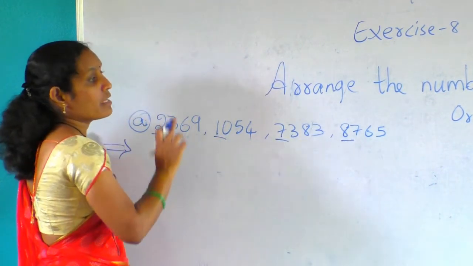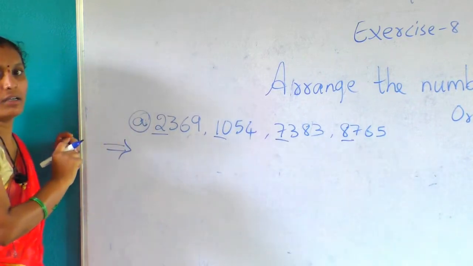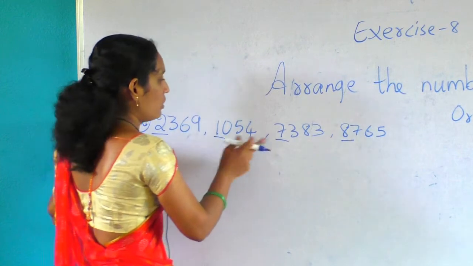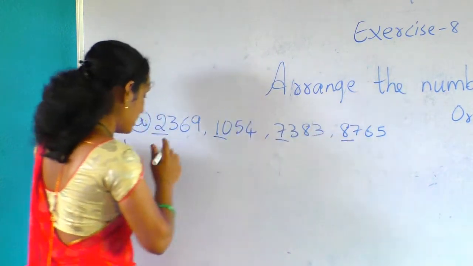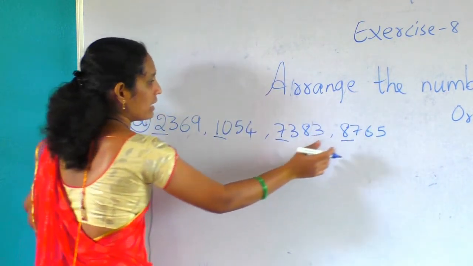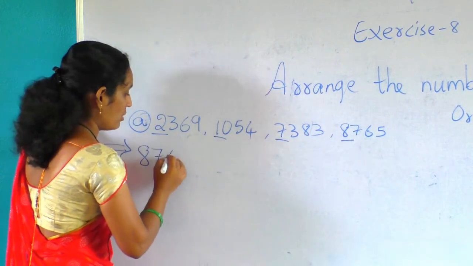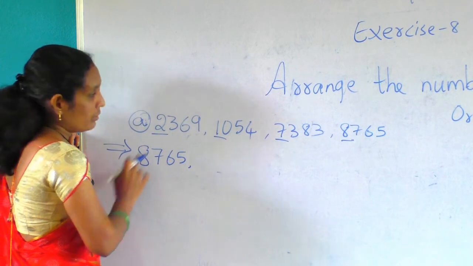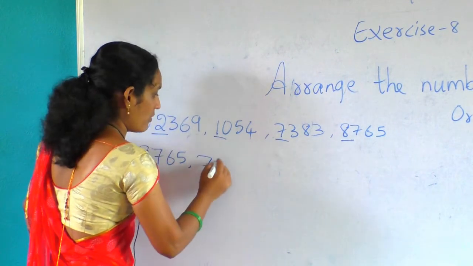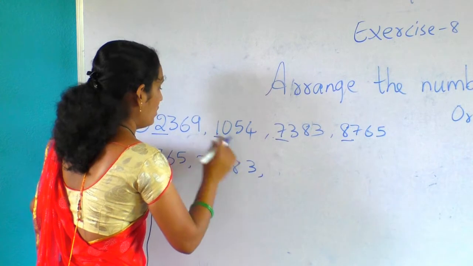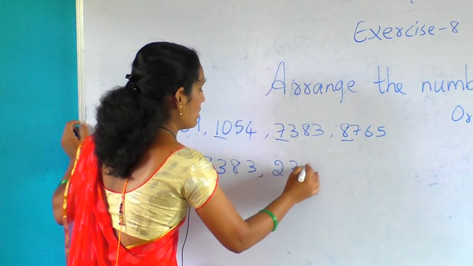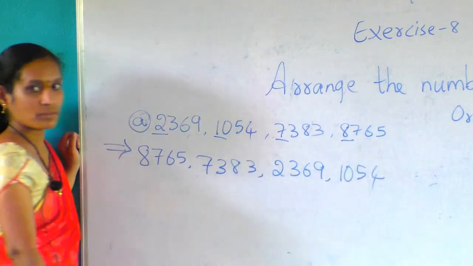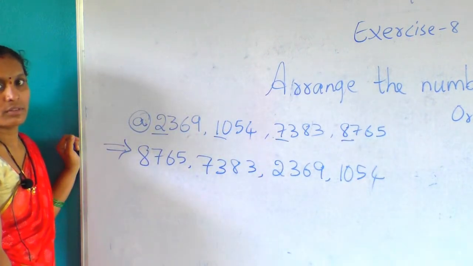First biggest number. See which is the first? 2 is there. No. 1. No. 7. No. 8. See, automatically we are getting this number as the biggest number. 8765. Before 8 is 7. 7, 3, 8, 3. Next 2, 3, 6, 9. Next 1, 0, 5, 4. Understood?